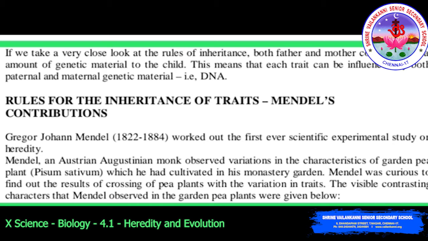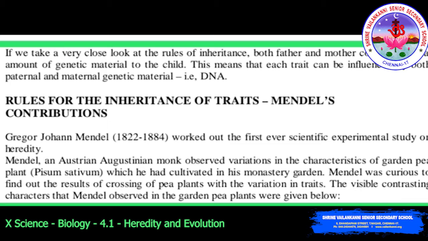So there is an equal amount of sharing between the father as well as the mother to bear a child. This means that each trait can be influenced by both paternal and maternal genetic material, that is DNA.